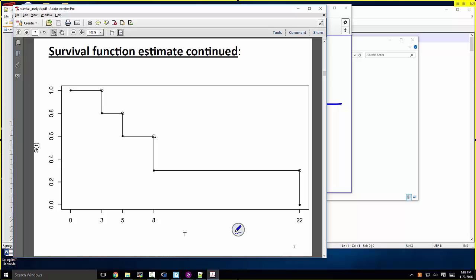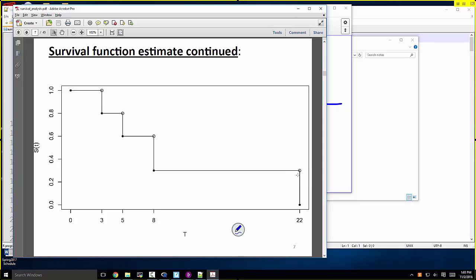Then at time 8, it changes, and it changes in such a way that it's acknowledging that we lost somebody to follow-up. Not to death, but to follow-up. At the end of the study, the last individual was observed to die, so the survival curve drops down to 0, or 0%, a proportion of 0 individuals who are at risk at time 22 survived.